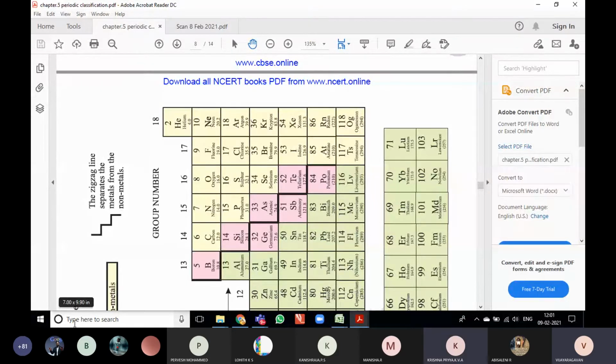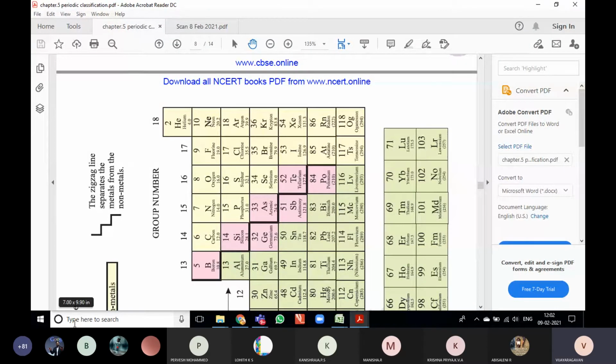So halogen means salt producing. Put a point: halogen means salt producing. It is a Greek word.